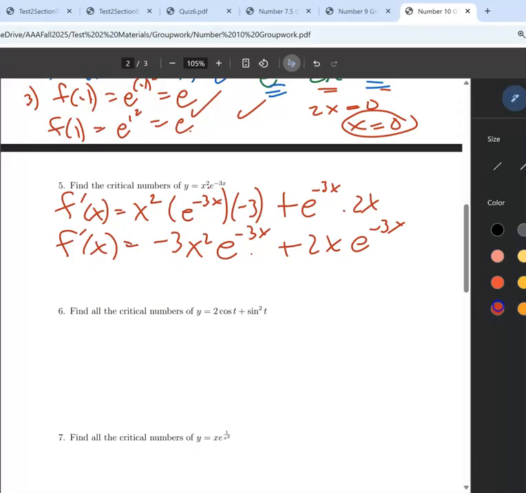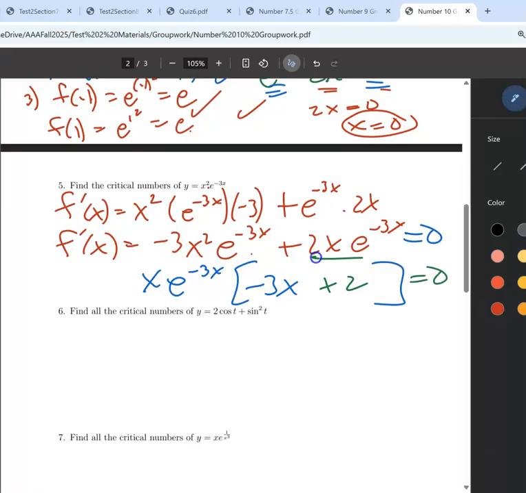Again, do not divide through by anything, but let's set it equal to 0 and factor out common terms. I think I can factor out an x and an e to the negative 3x. So that would give me a negative 3x from this term, right? And then from this term, that would give me a plus 2, equals 0.